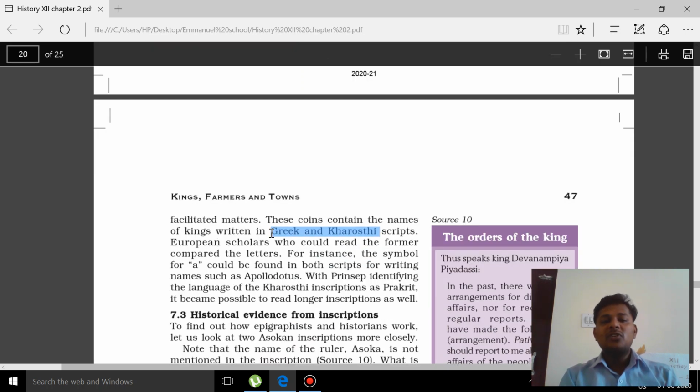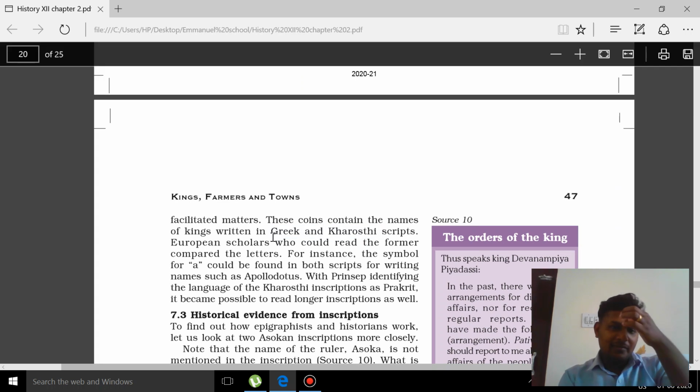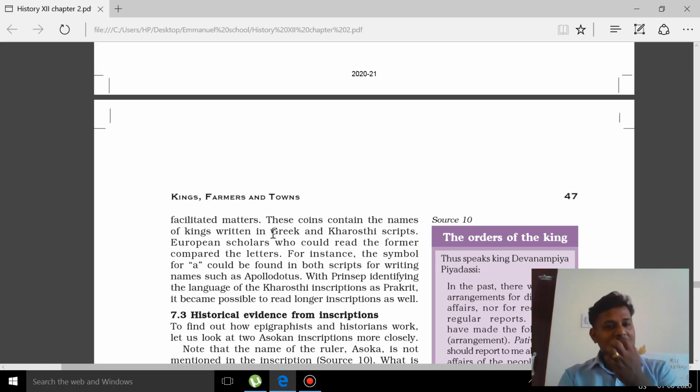How? European scholars who could read the former, that is Greek, were able to understand this. So they were able to compare Greek with Kharosthi, the same way we compared Hindi and Brahmi. This is just the opposite way.